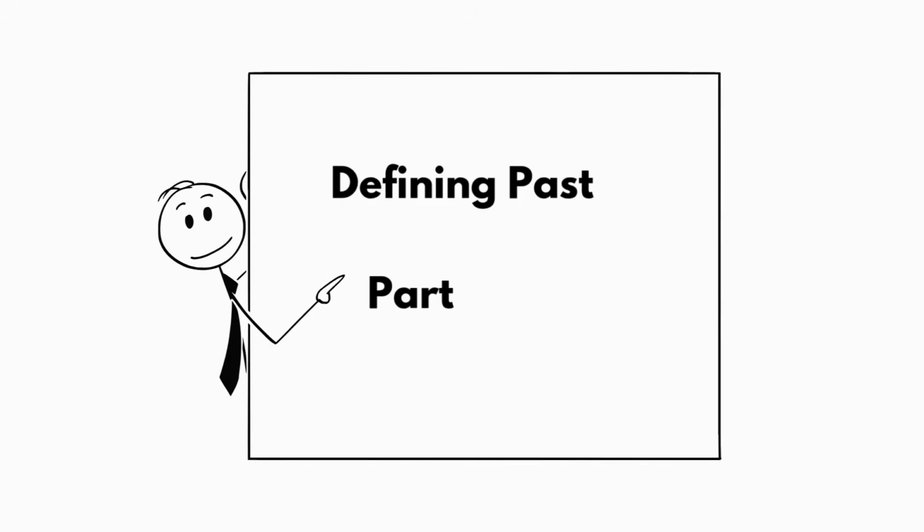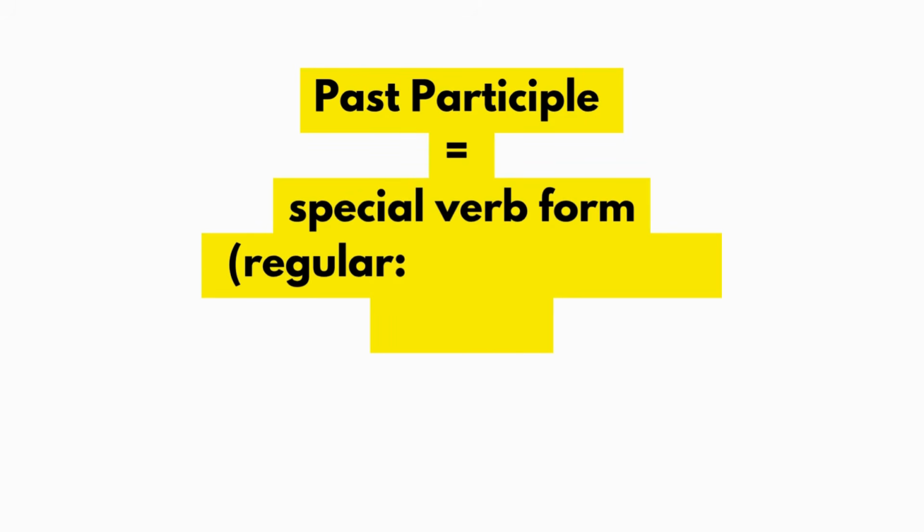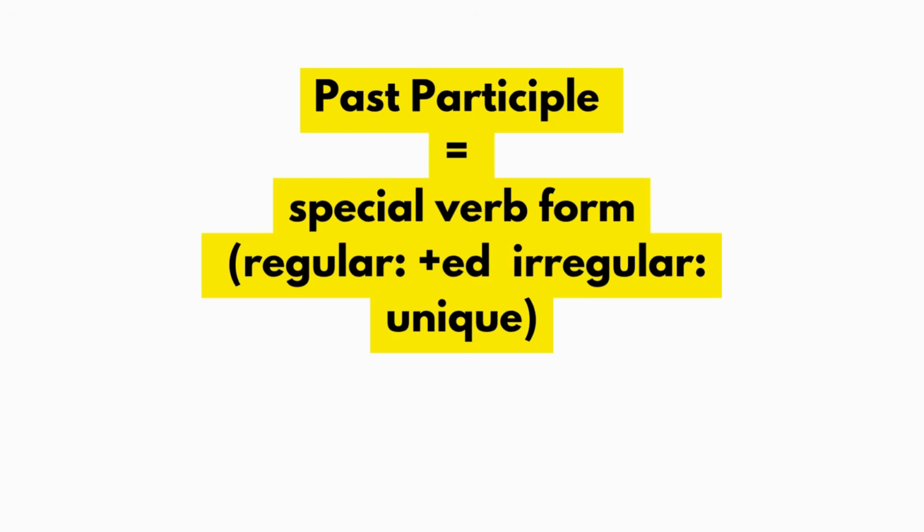Defining past participle. Past participle equals a special verb form. For regular verbs, we just add ed. For irregular verbs, the form is unique.